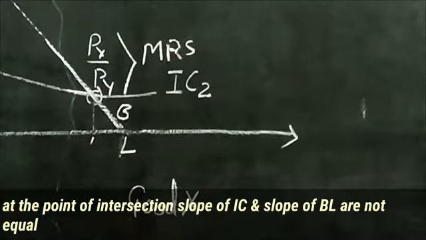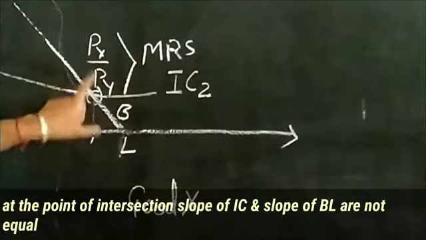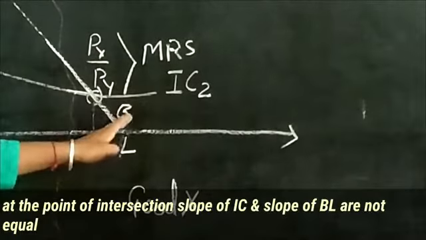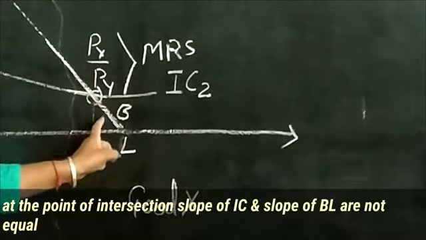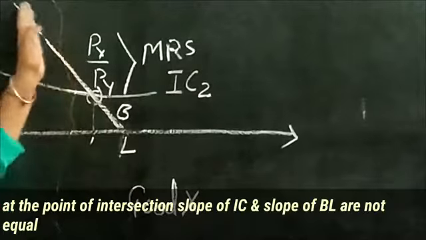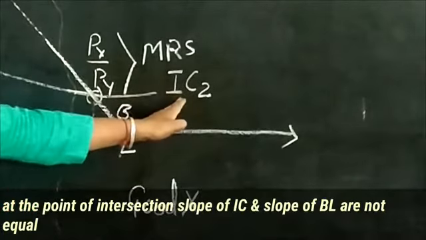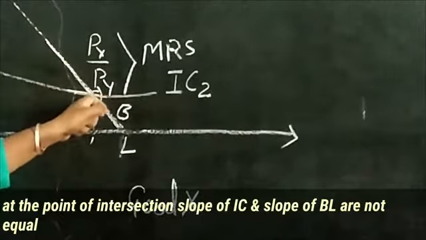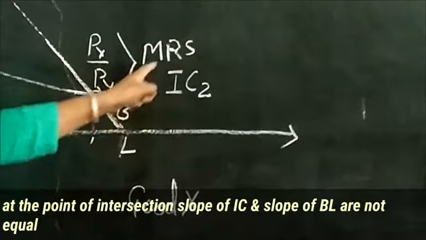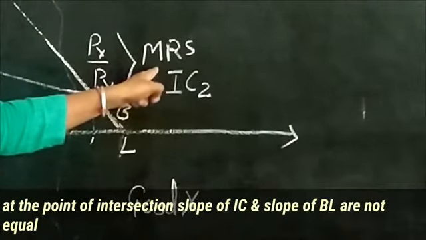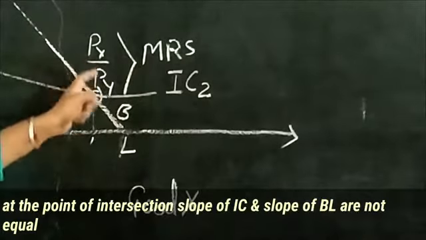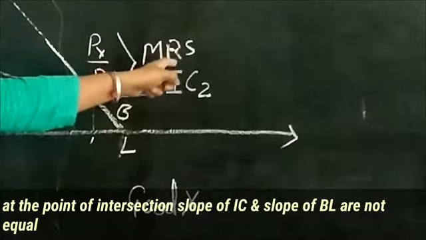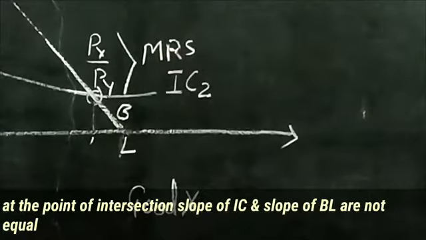In this situation, at point B, the budget line is falling very fast compared to the indifference curve. It is because the budget line's slope is greater than the indifference curve's slope. Or we can say Px upon Py is greater than MRS, that is marginal rate of substitution.